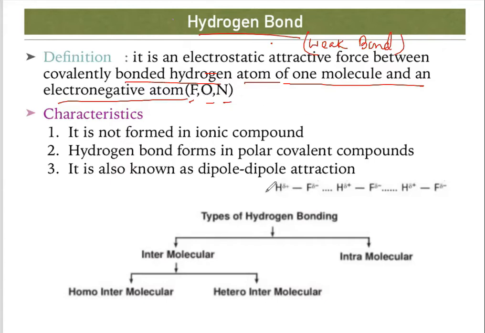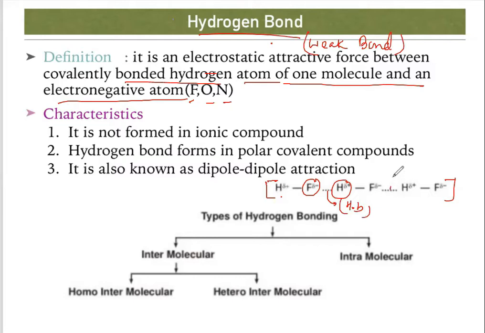You can see the example here, HF. In molecular HF, there are so many molecules of HF, right? So what happens in HF: fluorine is more electronegative than hydrogen, so it is going to attract the other hydrogen. This force of attraction is called hydrogen bonding.